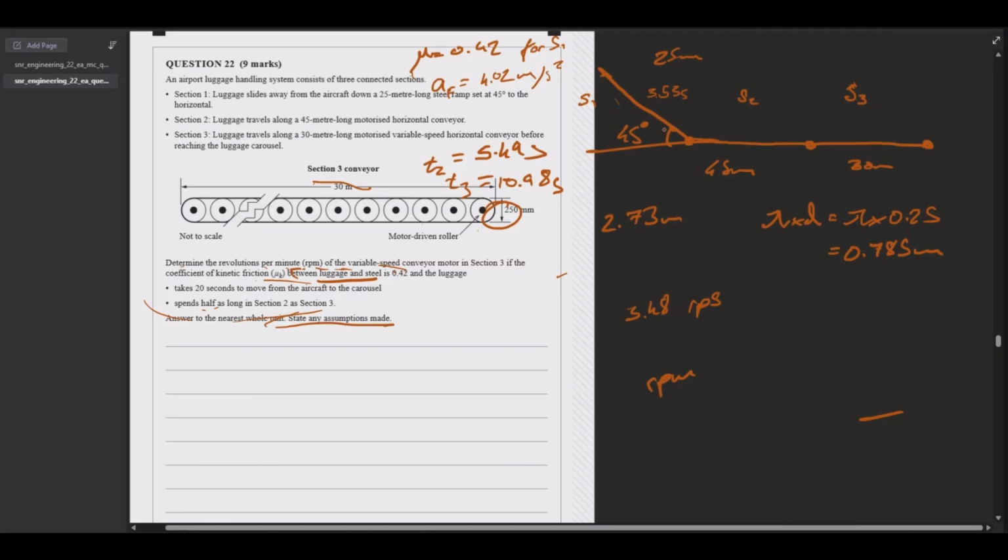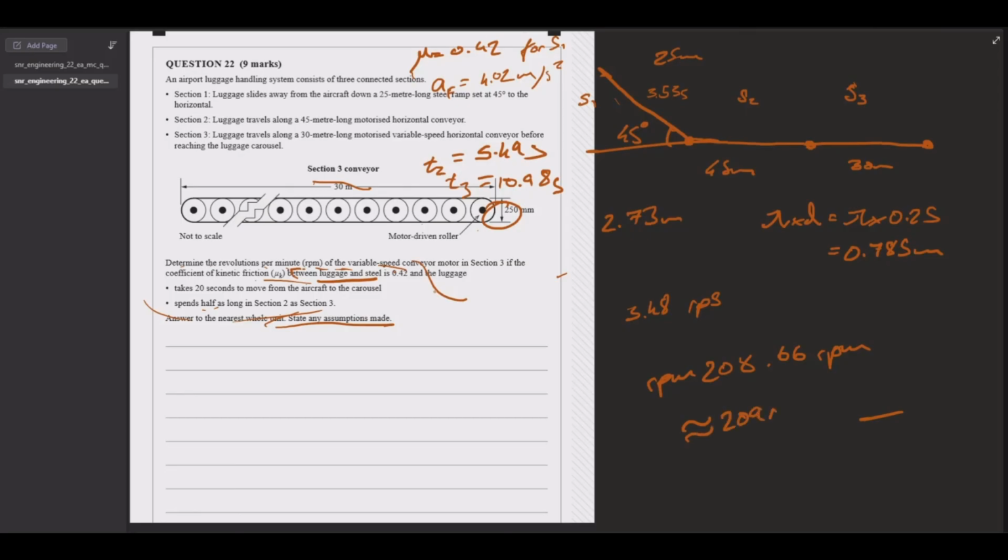Revolutions per minute is going to be 60 times that, which is 208.66 RPM. Let's check that. Forgot to round again. I'm always forgetting that. 209 RPM. Otherwise, that is the correct answer.